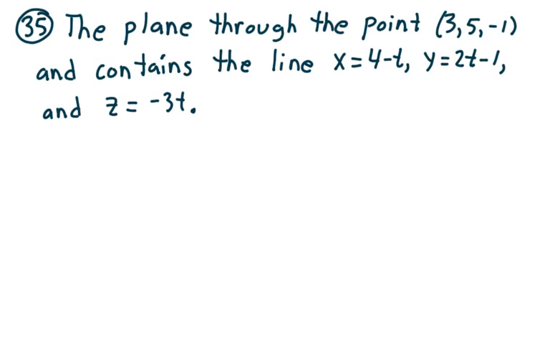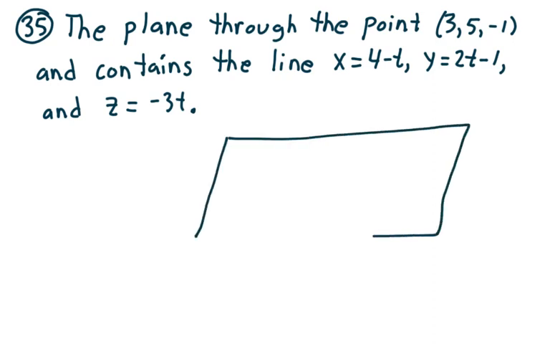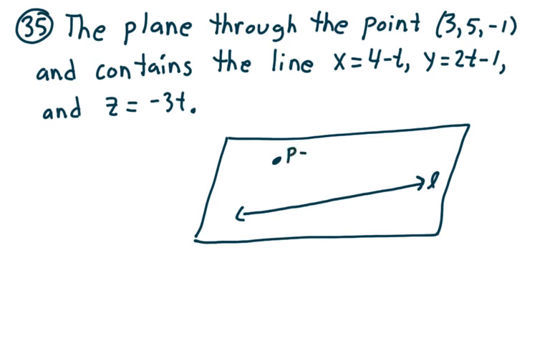This is an incredible question, okay? And I'll tell you why. So let's draw a picture of this. Now, you have a line in the plane, which I'm going to call L. And we have a point here, which we'll call P. And that point is 3, 5, negative 1.